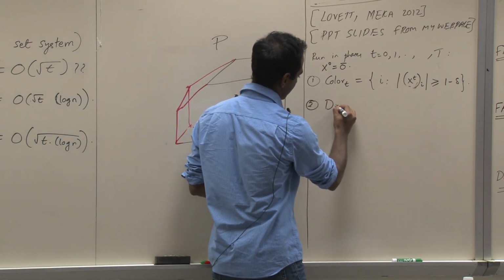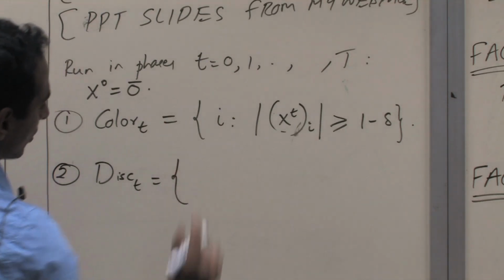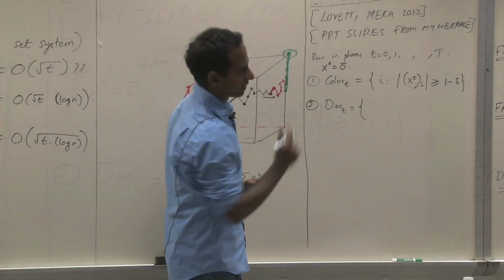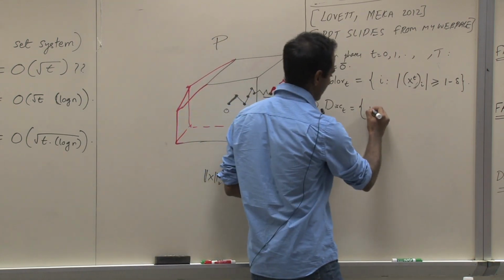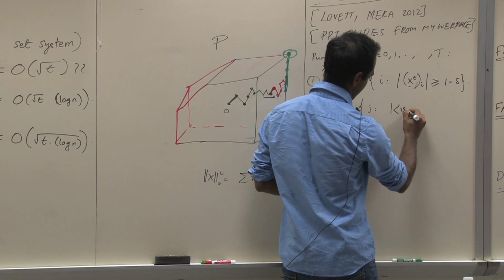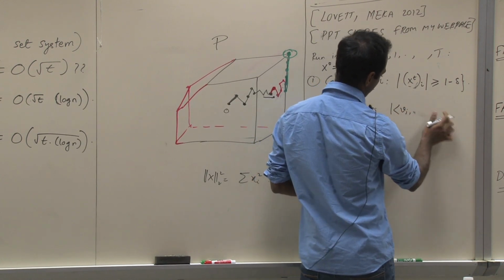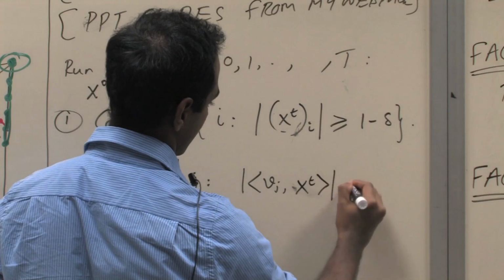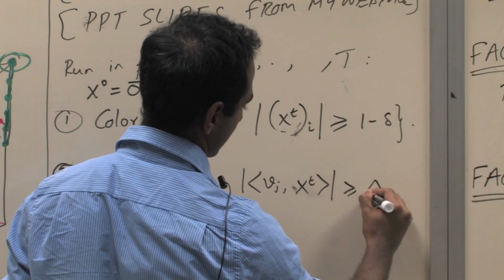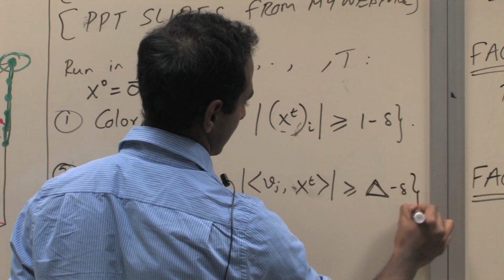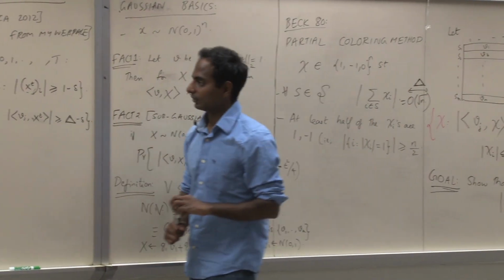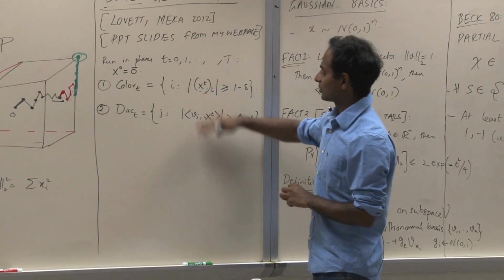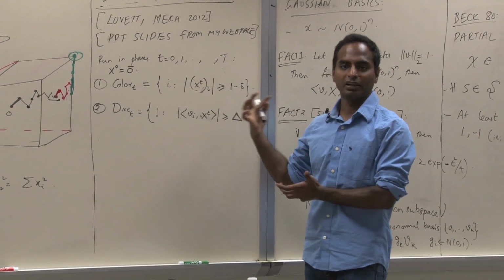And let discrepancy T denote the set of all discrepancy constraints that you are very close to violating. All j such that the inner product with your current solution xt is very close to the threshold that you don't want to cross. So these two sets of conditions are very tight for us.